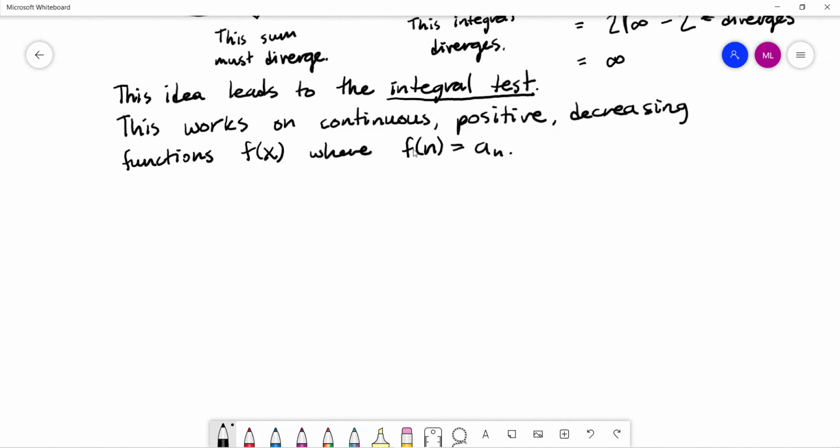This is probably going to be one of the most important things that we'll use when it comes to all of these convergence tests, and it's something called a p-series. So p-series is an important topic. The p-series looks like the following.